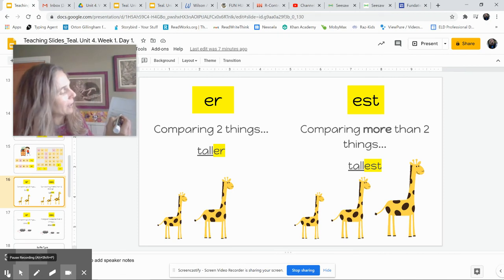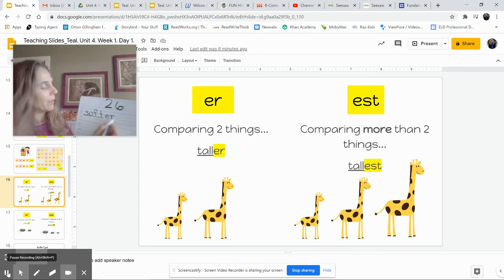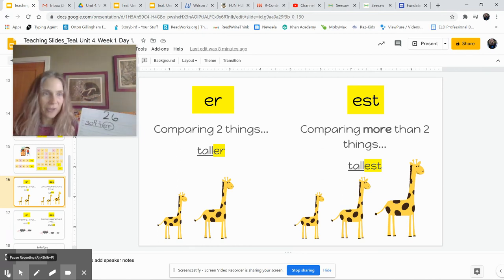Here we go. Softer. And I'm going to underline my base word and circle my suffix. Softer. Great.